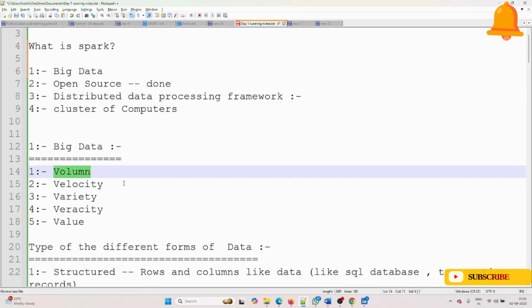When we talk about volume, volume refers to the size of data we consume every day or every minute. It refers to the amount of data being generated and stored. In big data, it is usual to handle terabytes, petabytes, and exabytes of data.